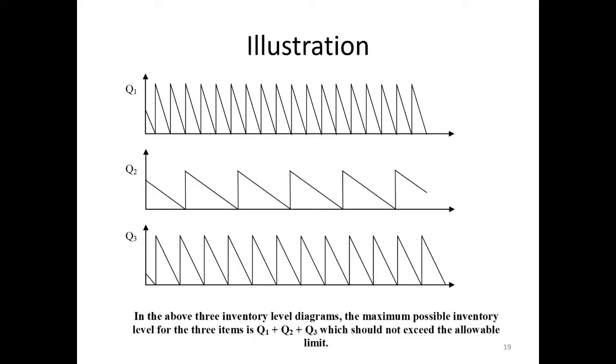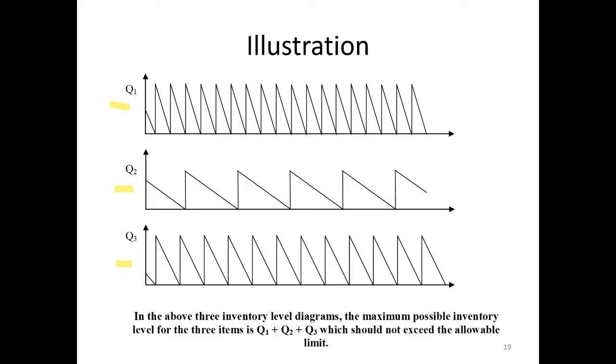As an illustration, here we have 3 different stock keeping units. Each stock keeping unit has its own ordering cycle that optimizes its total cost. And of course, we treat the 3 items independently.